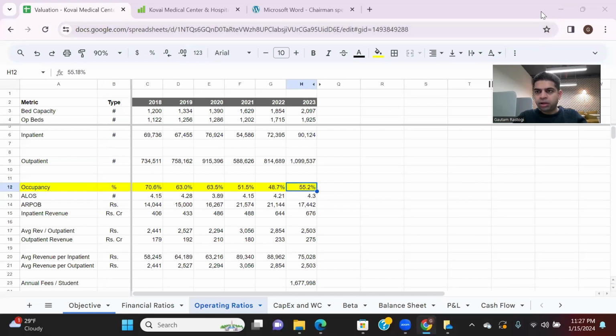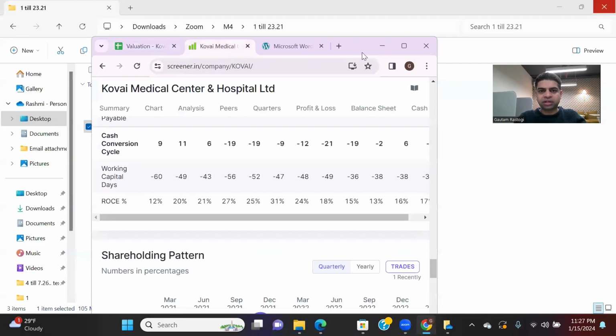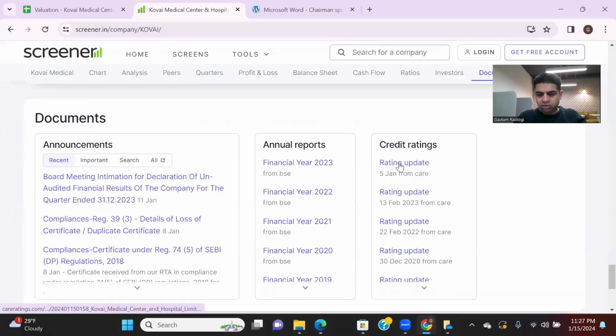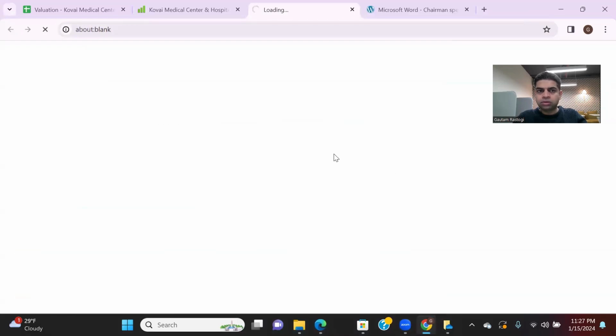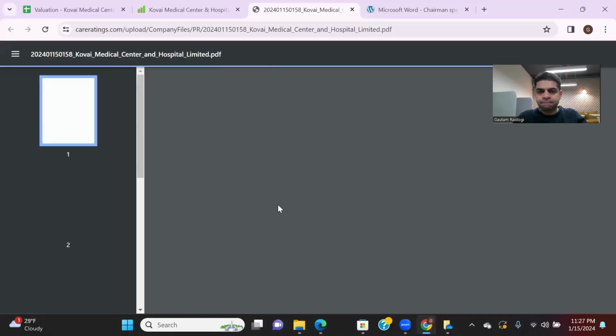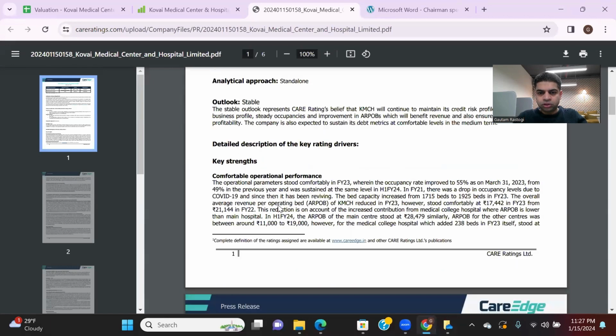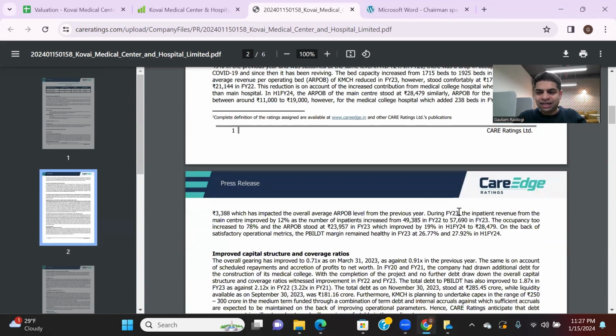So let me also pull together the credit report from the credit rating agency, which came out recently. Let me go to screener. If you look at this operational performance, they talk about 55% occupancy. But in the main center, the occupancy is 78%.